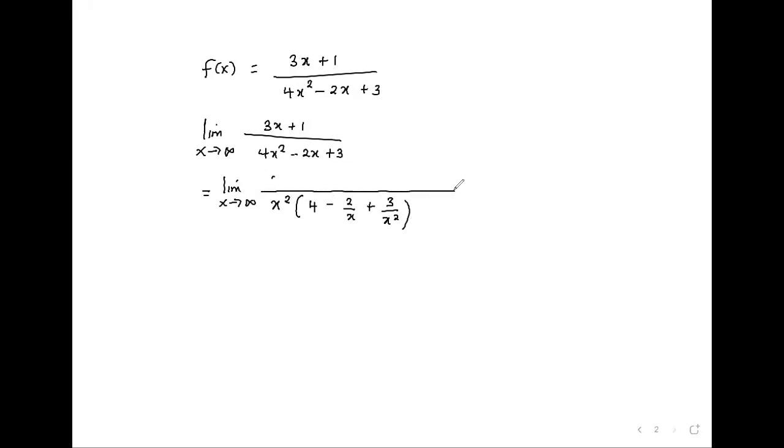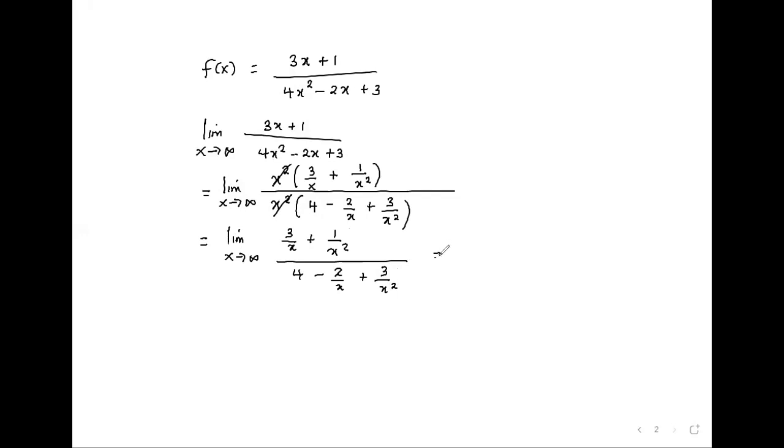You do the same on top. You take the very x squared. So you have 3 over x plus 1 over x squared. Then now we know this and this can cancel. Then we have the limit as x goes to infinity, 3 over x plus 1 over x squared over 4 minus 2 over x plus 3 over x squared.